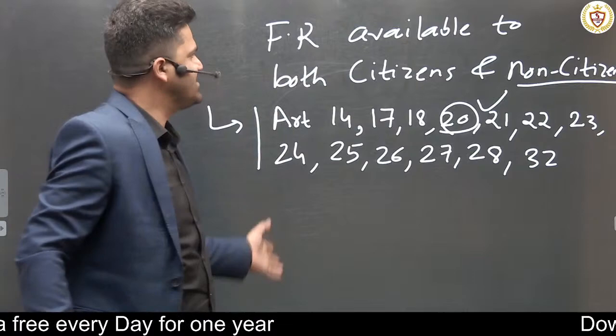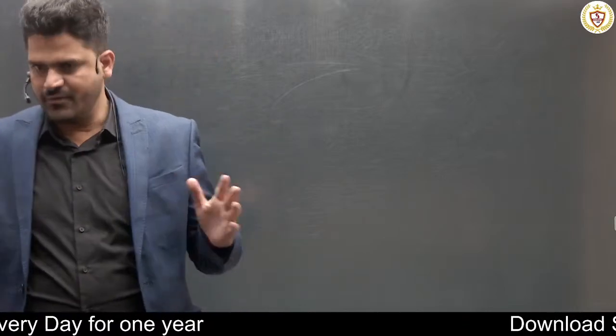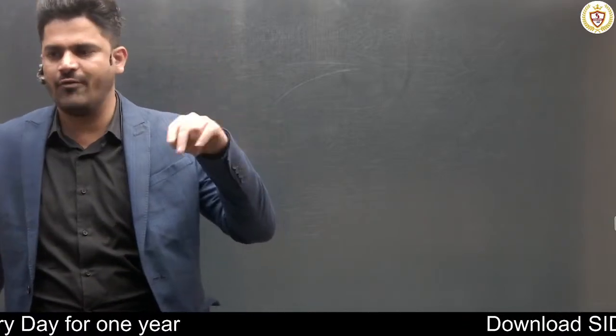Okay? UPSC has asked the question on this, that which are the fundamental rights available to citizens only. You have to remember this. This is the second way of classification.